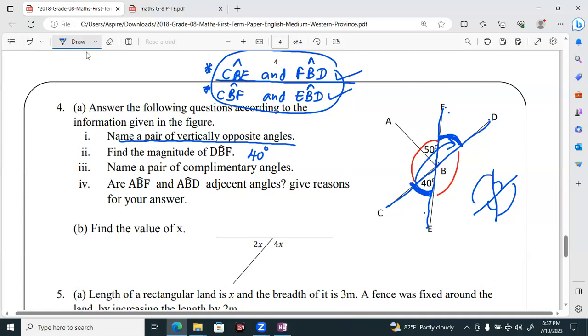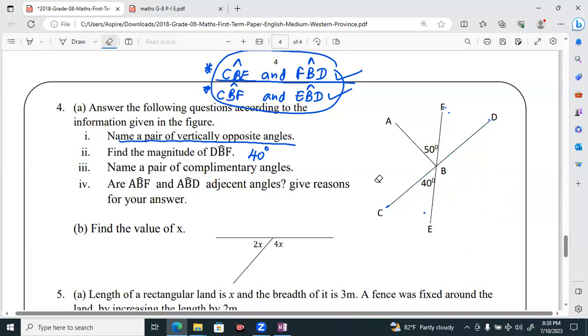Name a pair of complementary angles. How do we show complementary angles? Complementary angles means the sum should be equal to 90 degrees.